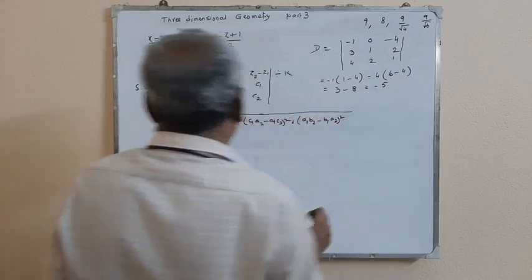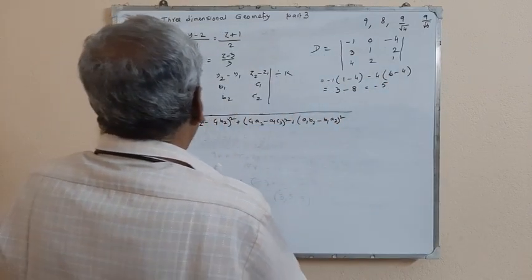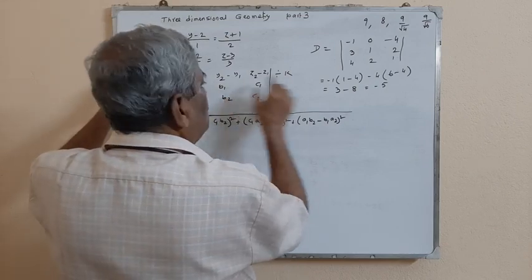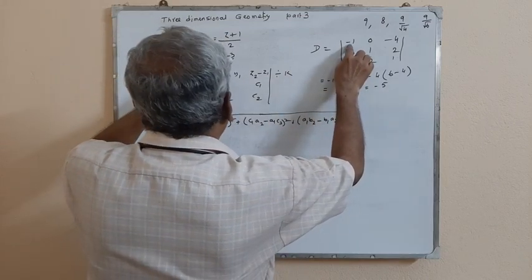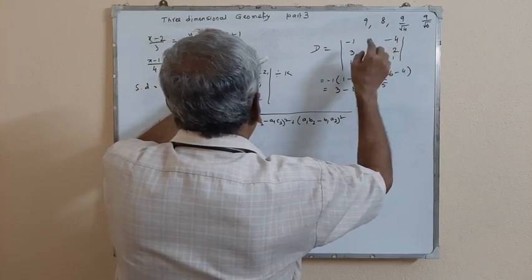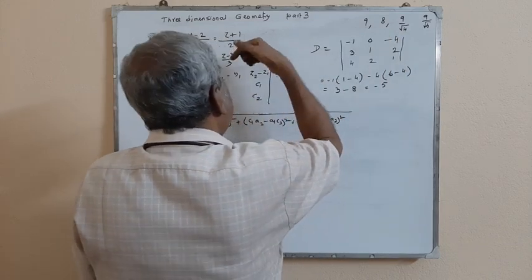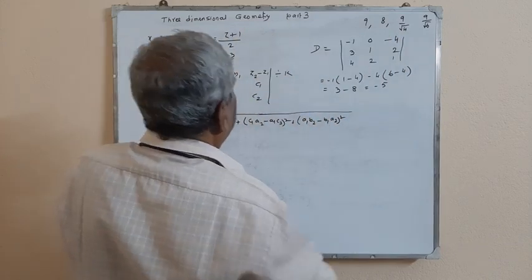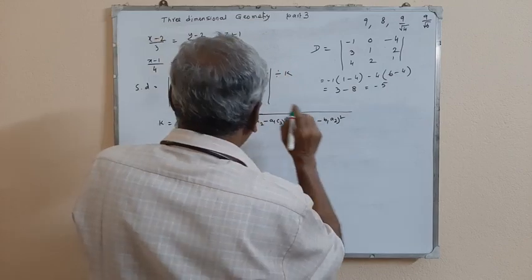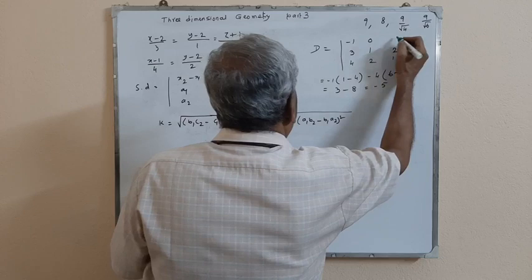Just now, I checked it. It is actually 1 minus 2, so that it is minus 1. 2 minus 2, 0. It is 3 minus 1, so this is 4. This is 3 minus 1. 3 minus 1, so it is 2. Sorry, very sorry.